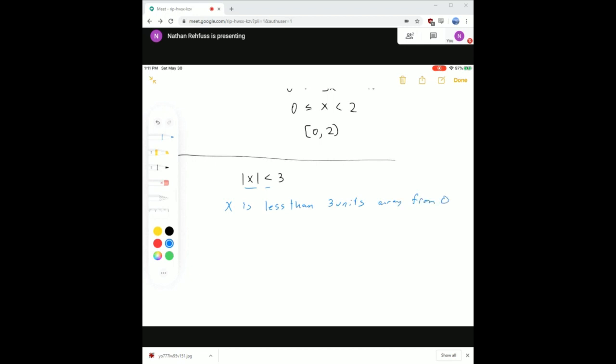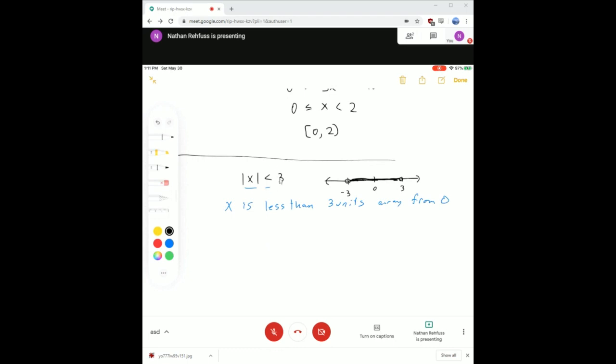That would be how we'd think of this absolute value as a distance. So on a number line, I could draw this. Here's 0, here's negative 3, and here's positive 3. X can be any number as long as it's within 3 units of 0.